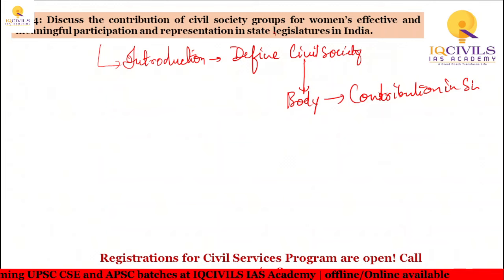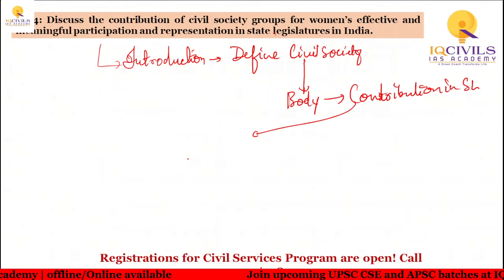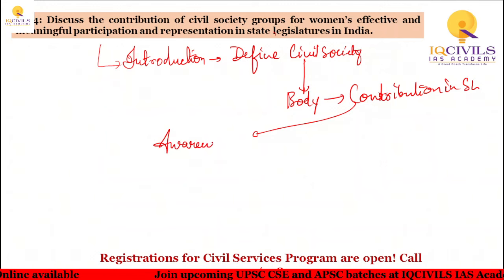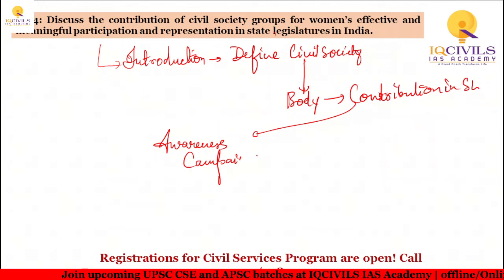So the role of civil society organizations, okay, they play important role in increasing the participation of women in the state legislature through various campaigns. So they ran many campaigns, for example awareness campaigns. Okay, awareness campaign, so various NGOs which lead advocacy campaigns that women should participate in politics.